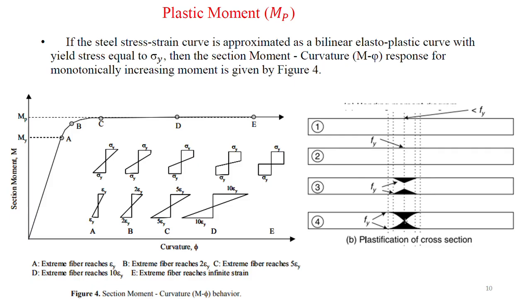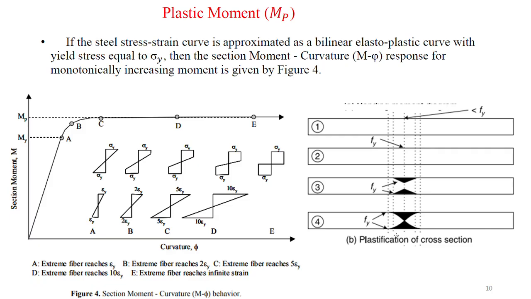MP, the maximum plastic moment, at constant moment it keeps on increasing its curvature. The length of the curvature has increased up to this particular point A. After this point, this section is going to fail.